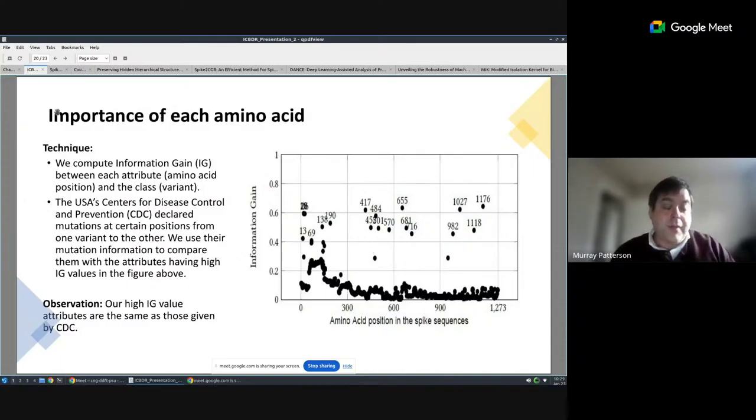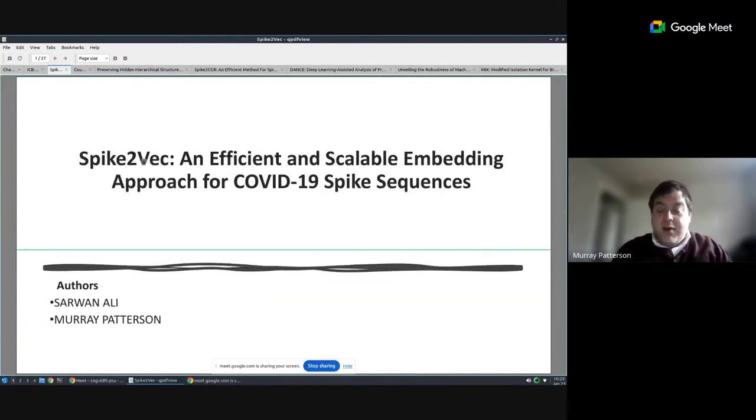And so we took that same idea with the k-mers and ran with it to get a really scalable approach as data started coming out. This was the paper that launched Sarvan's PhD thesis, I guess. It was a proof of concept that we can do these embeddings and scale to millions of sequences.